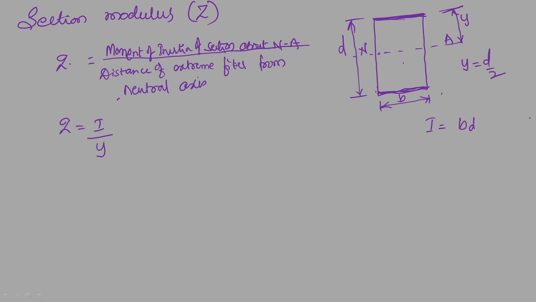Now this is bd cube by 12 here. I equal to bd cube by 12. Now you just substitute here. So bd cube by 12 divided by d by 2. Now what will we get? bd square by 6. So the section modulus for a rectangular cross section is bd square by 6.